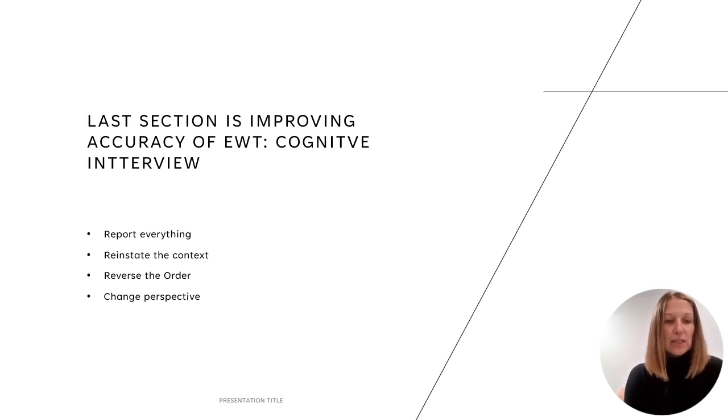The 4 factors that they recommend: report everything, take the witness back to the scene of the crime, get them to reverse the order, and tell it from somebody else's perspective. So these are the 4 points to look over, and in your textbook you'll have a little overview of what's effective about the cognitive interview and any limitations.